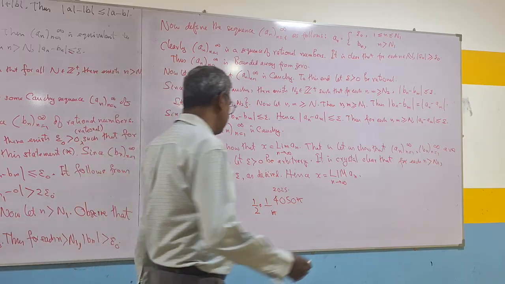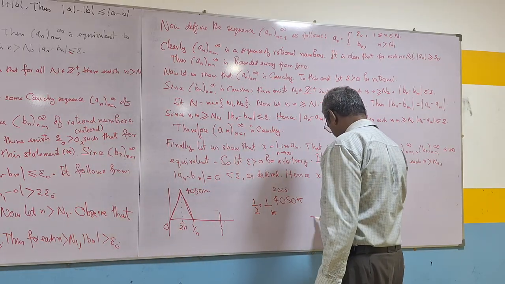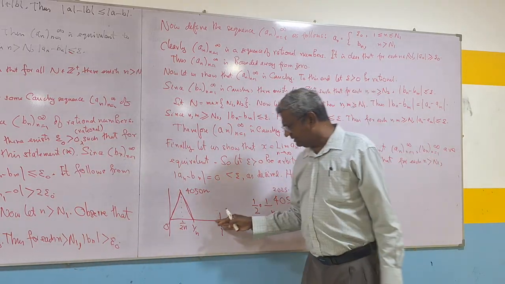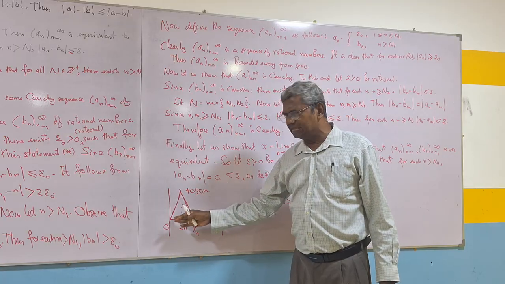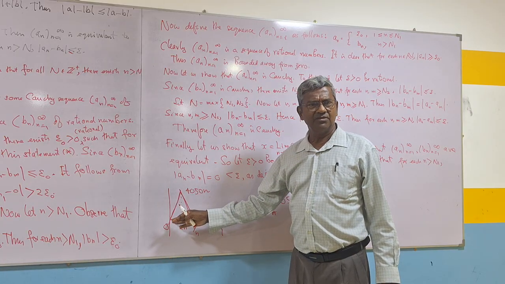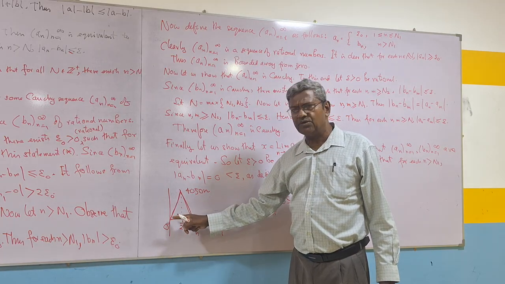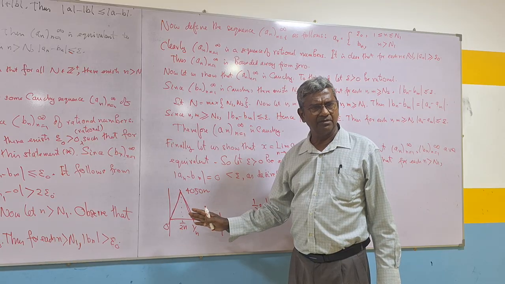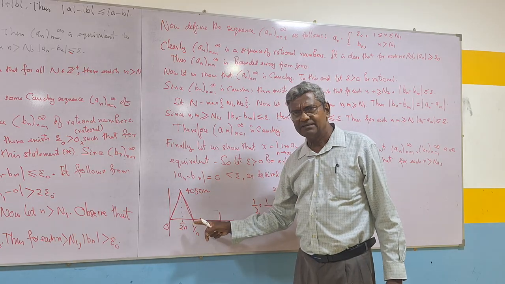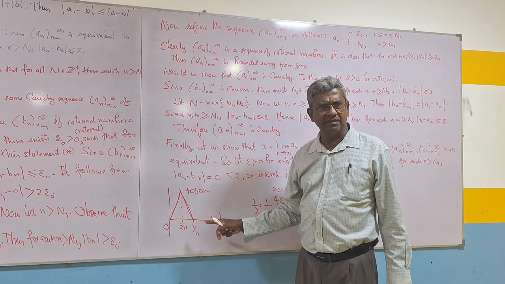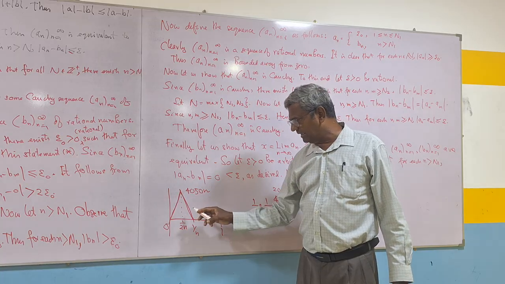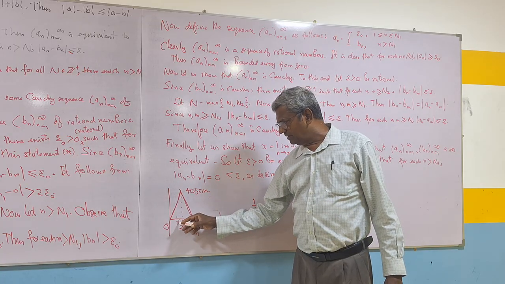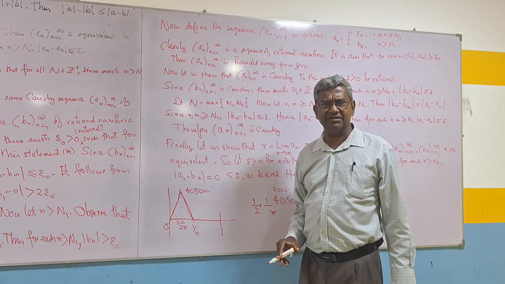Limit of this one will be, because as n increases, 1 over n decreases to 0. At the point 0, the function is always 0. At any point here, what is the limit? If you take any point somewhere here, what is the limit of Fn(x) as n tends to infinity?